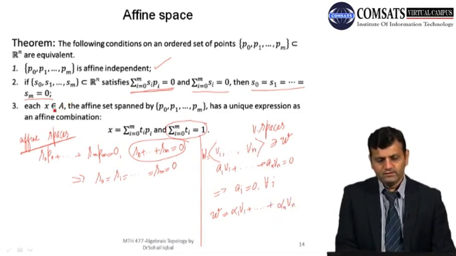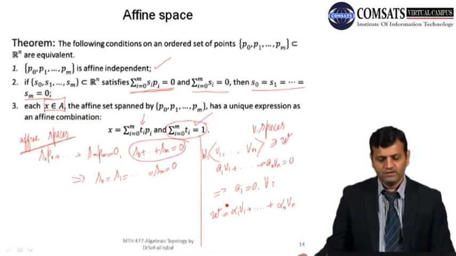But in this case, if I take an arbitrary element x from A, the affine set spanned by these points, then x has this unique combination. These ti's are unique, and they satisfy this extra condition, which has some geometrical meaning that we have seen in a very particular example.